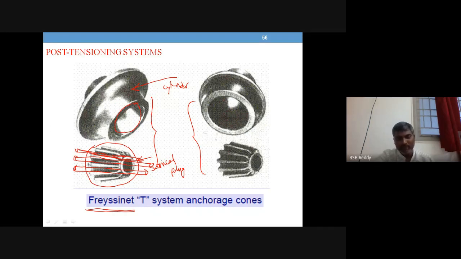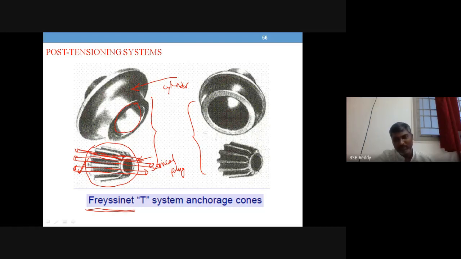So Freyssinet devised a conical plug and a cylinder which can hold the bars in position, even though you apply 2000, 2500, 3000 megapascal stress into this wire.